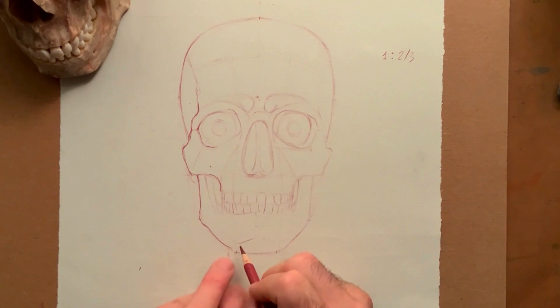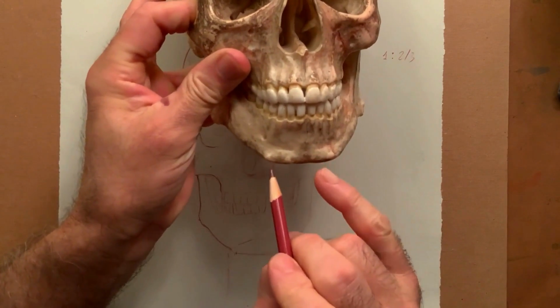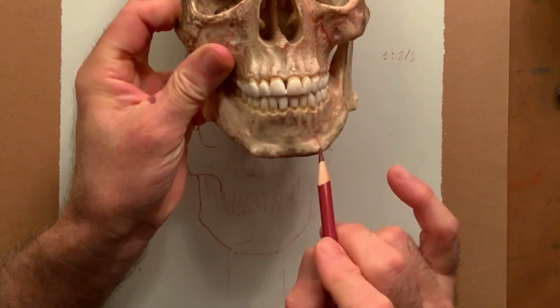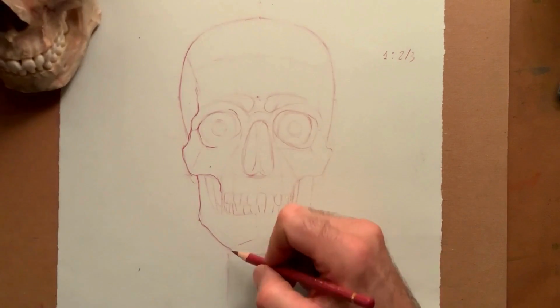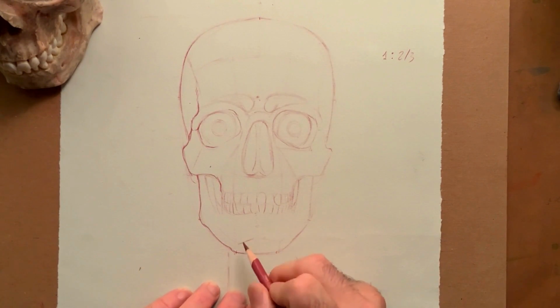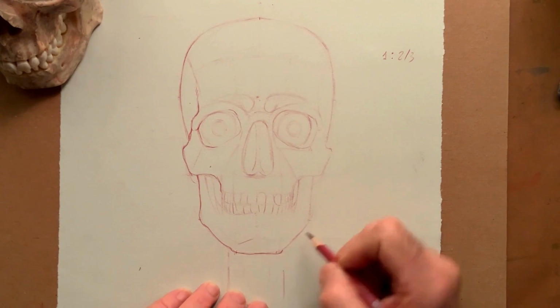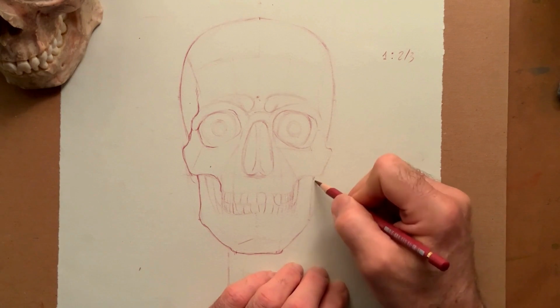here I'm going to end up with these little bumps at the chin that define the chin. So these are two tubercles here, right? This, right? So repeat on the other side.